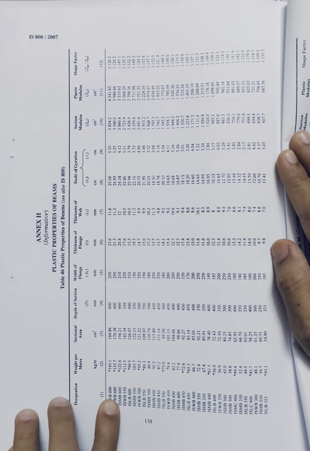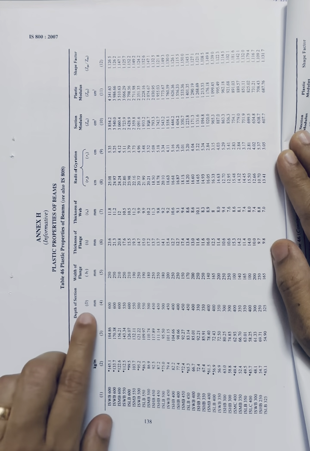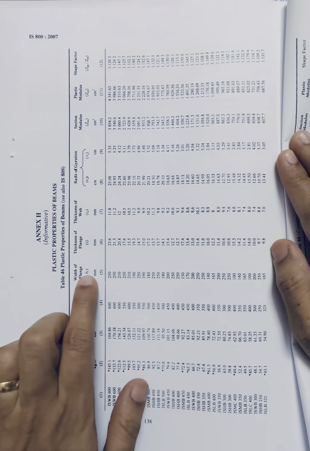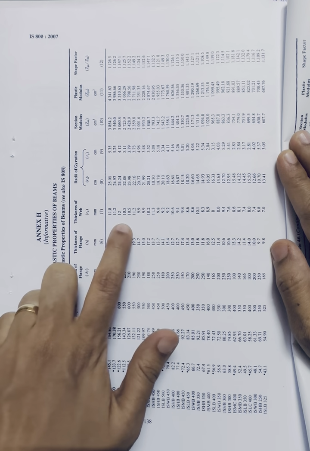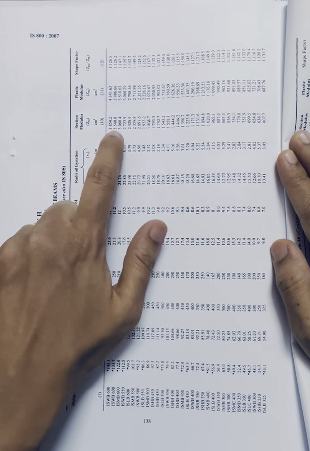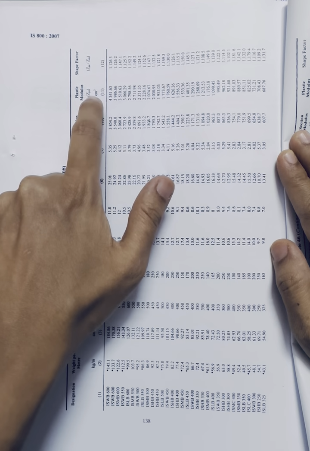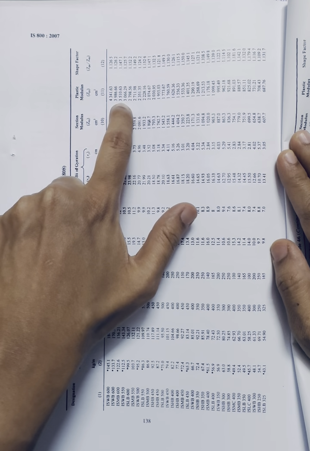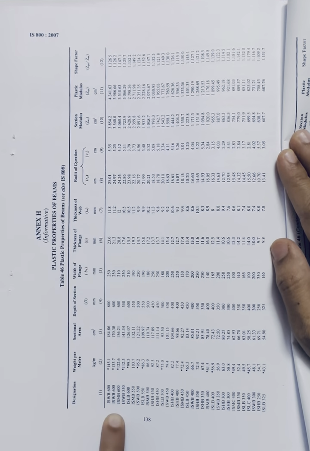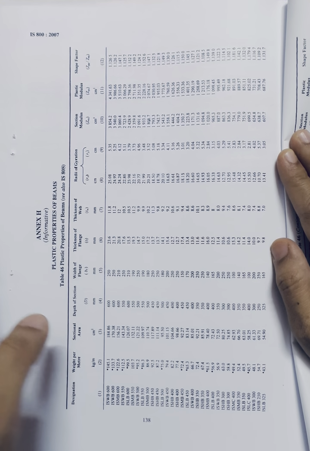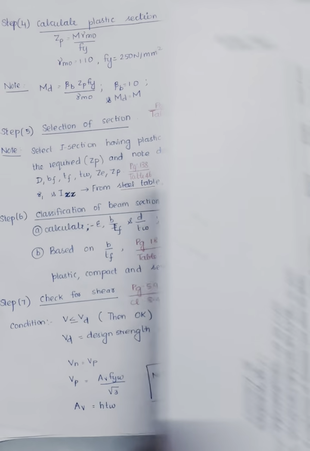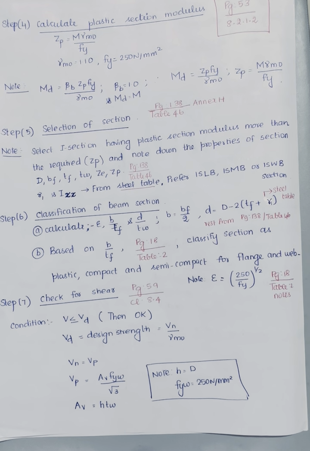So after obtaining this section, you have to note down the D value, BF value, TF value, TW value, ZD value, and the new ZP value. Okay. So all these values you obtain from this annexure H. But we don't have IXX and R1 value in this particular code book.